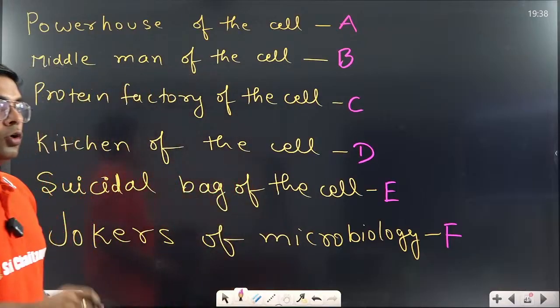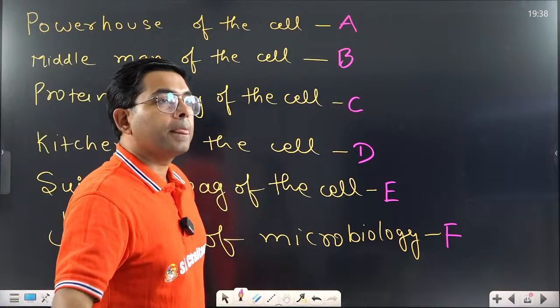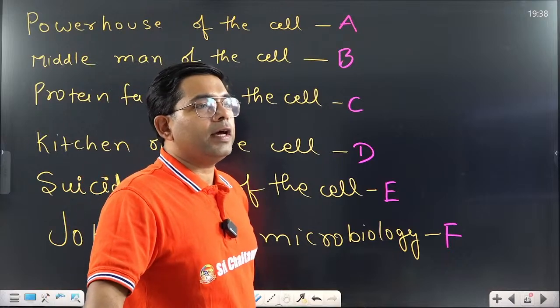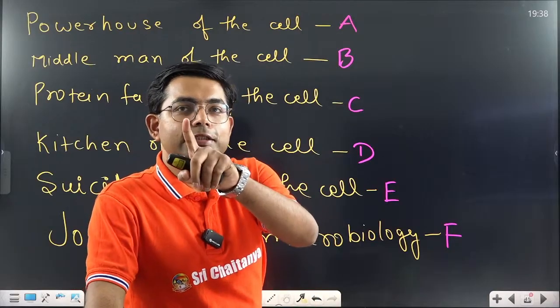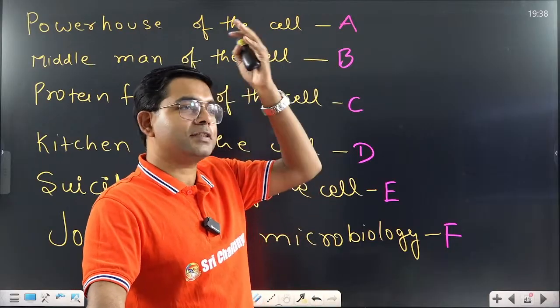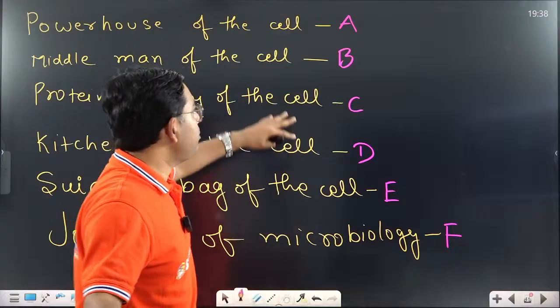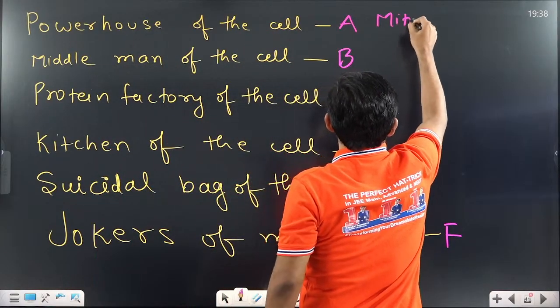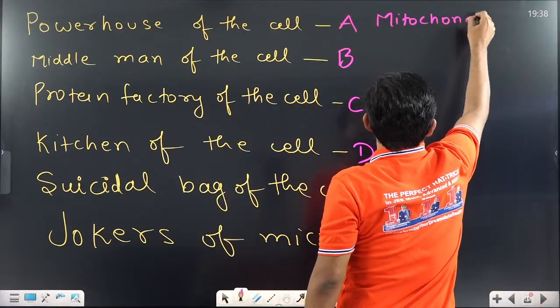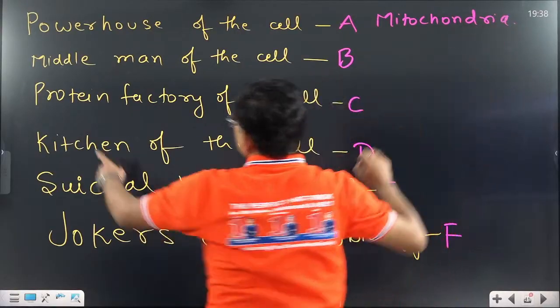Fine. Already you have started answering. Very good. All of you are answering mitochondria. So powerhouse of the cell is mitochondria. Of course, you must have studied earlier also that the powerhouse of the cell is mitochondria.